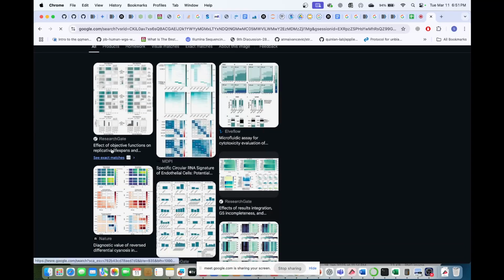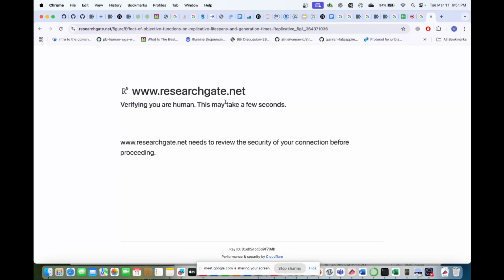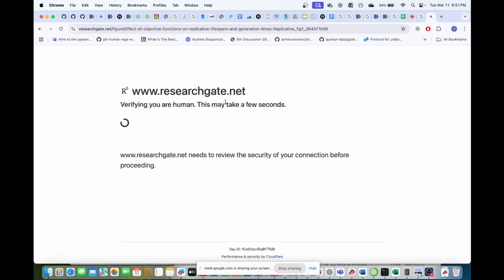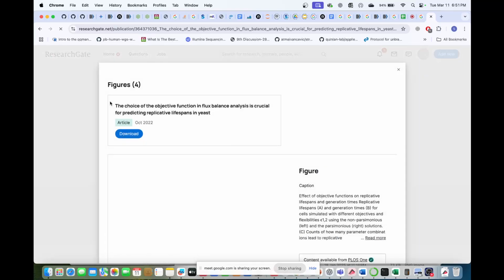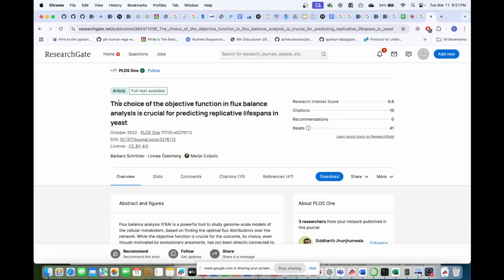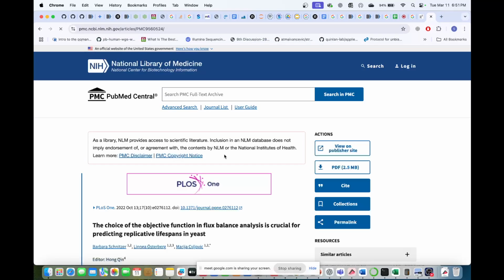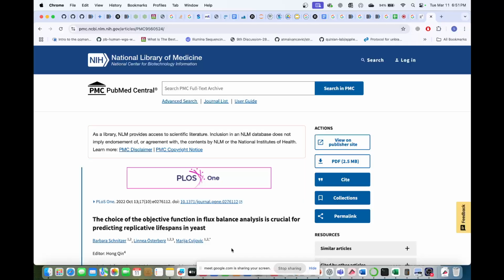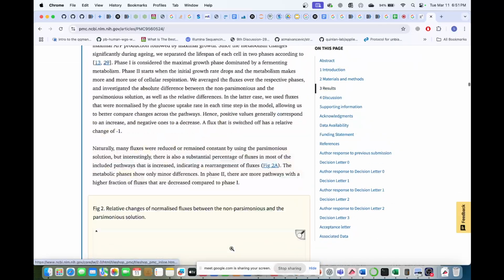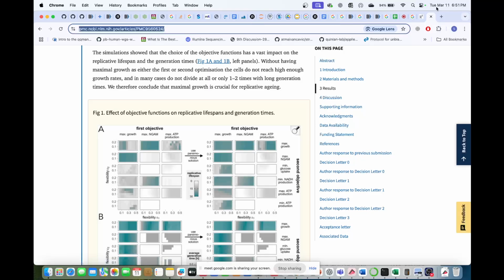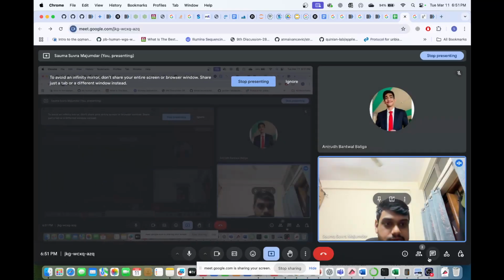Yeah, and this is the paper. This actually talks a lot about why objective functions are important and why the choice of objective function is very crucial for understanding the simulations. So this article you can go through if you are interested.